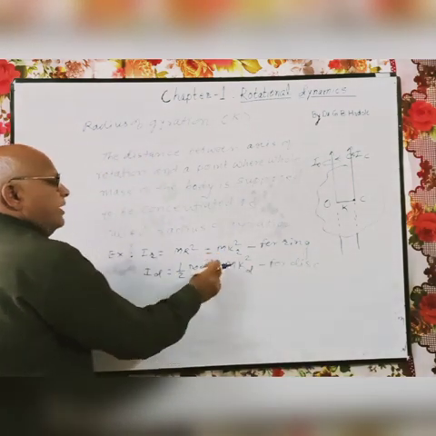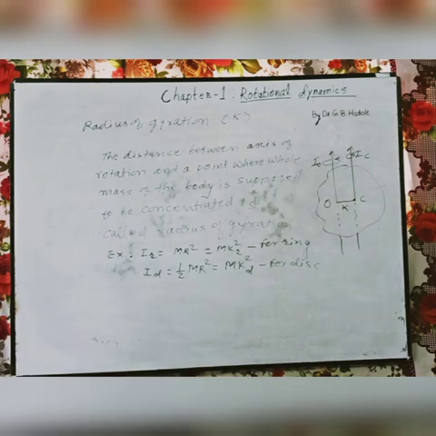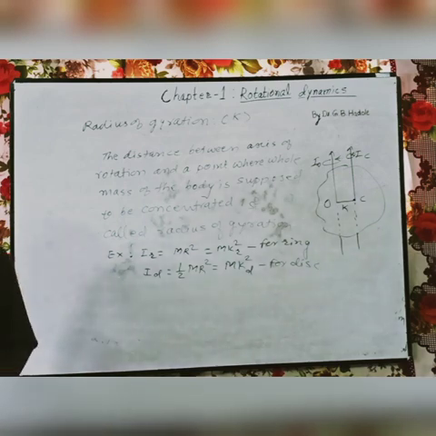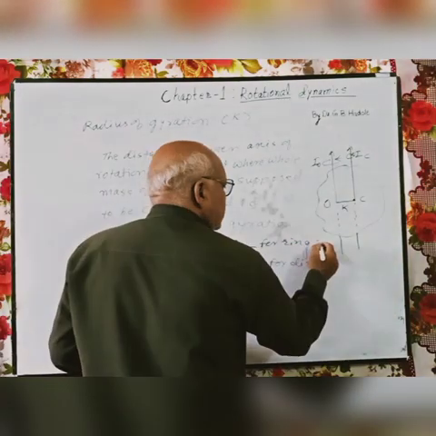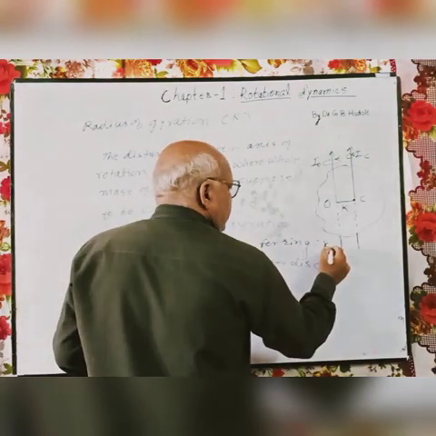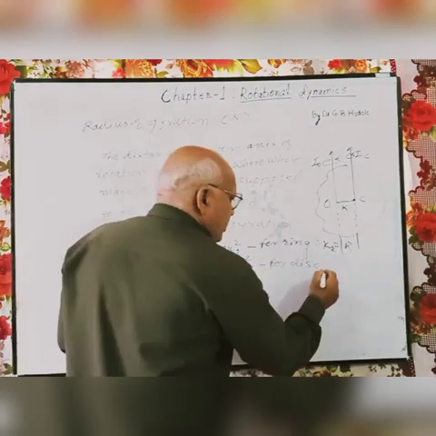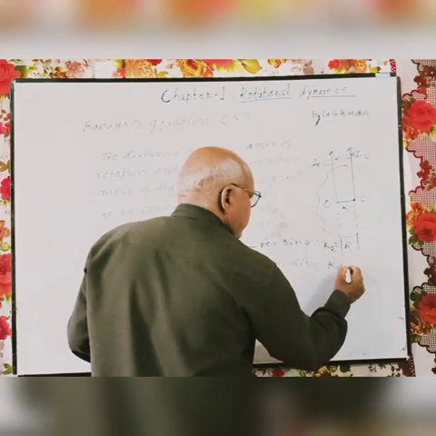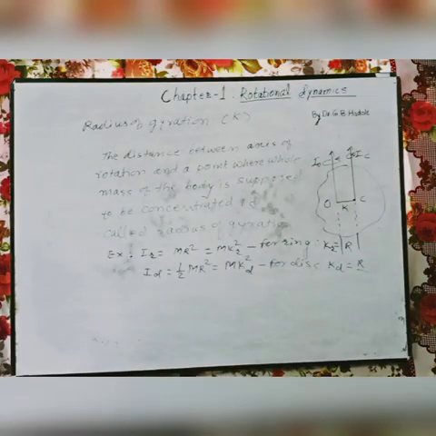And if we compare the moment of inertia of the disc and ring, then it gives kr equal to r, and kd equal to r by square root of 2.